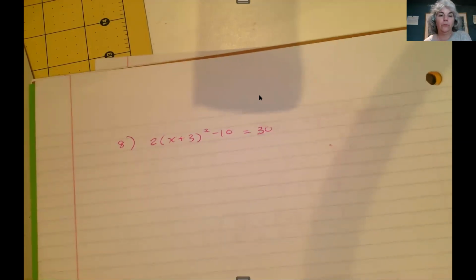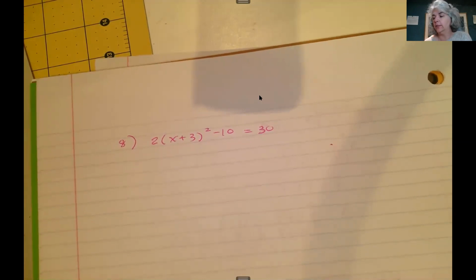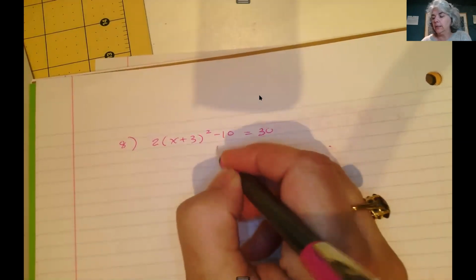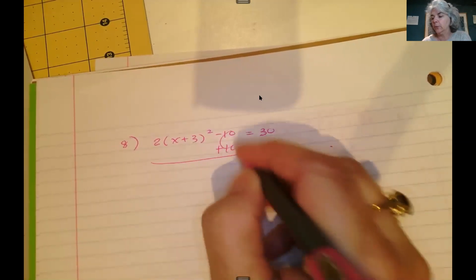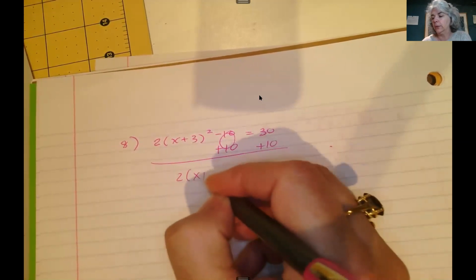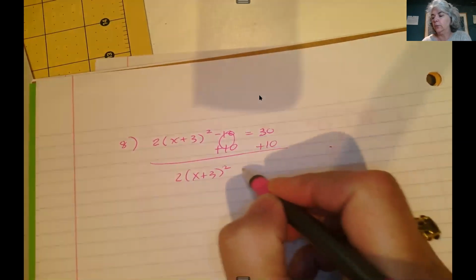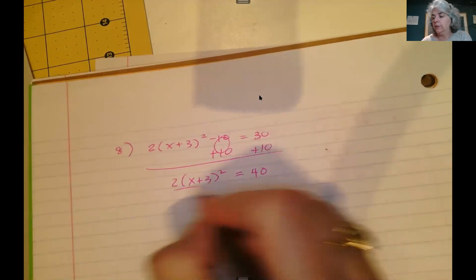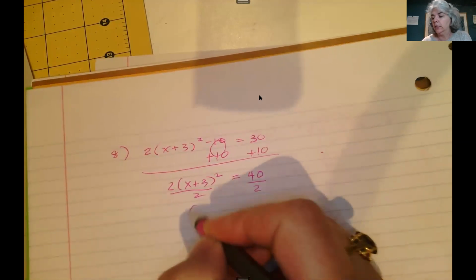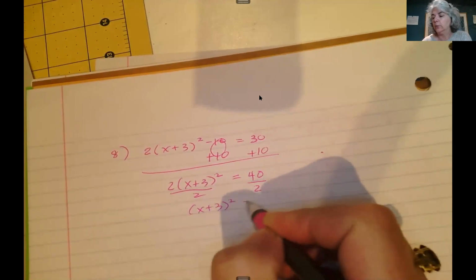Okay, so what you should do if you're going to solve this is undo the minus 10 by adding 10 to both sides. That goes away. You have 2 parentheses x plus 3 squared equals 40, right? Now we divide by 2, and we get x plus 3 squared equals 20.